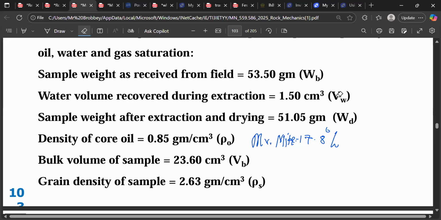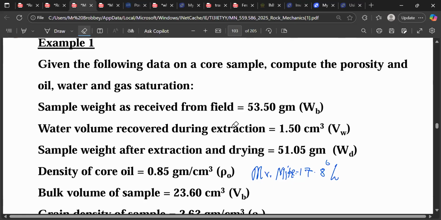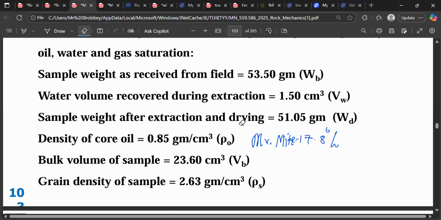So the question reads, given the following data on a core sample, compute the porosity and water and gas saturation. We are given that the sample weight as received from the field is 53.50 grams, which is the WB, or the weight bulk.